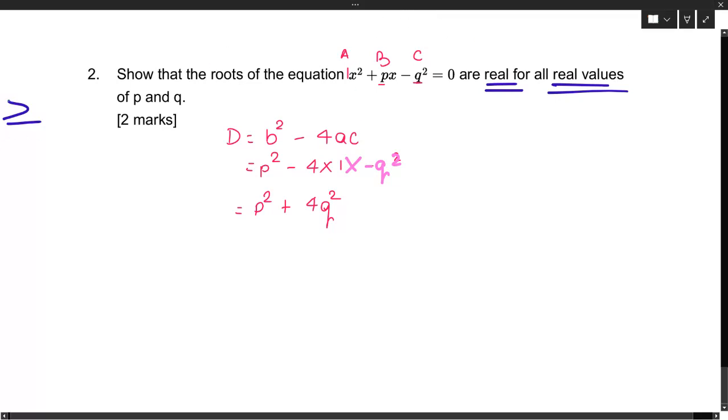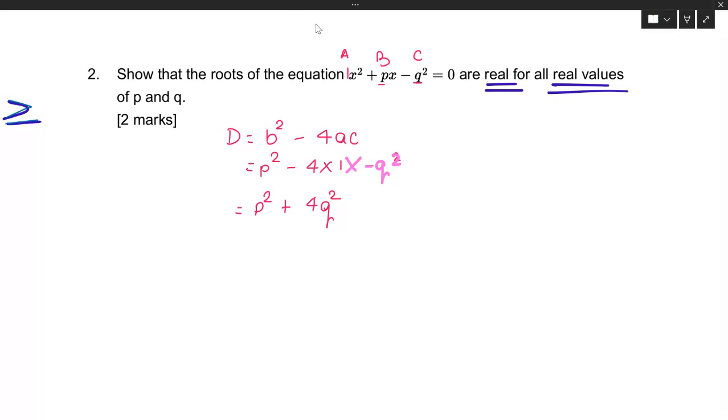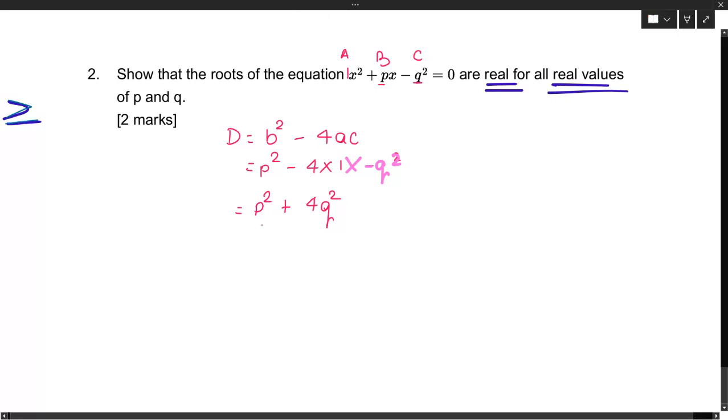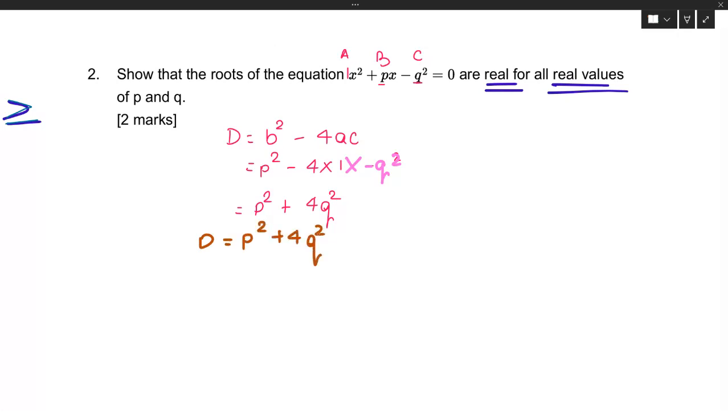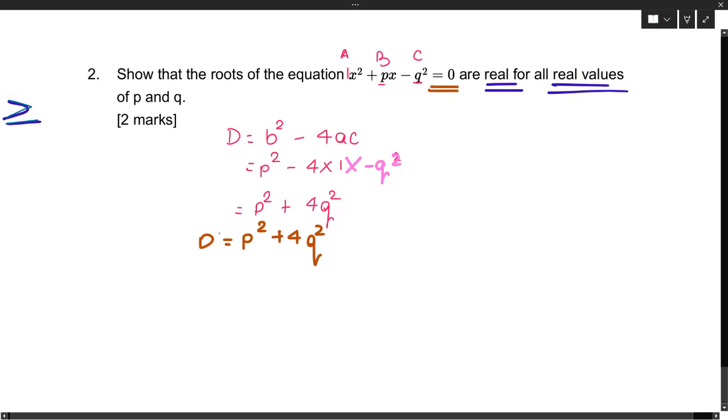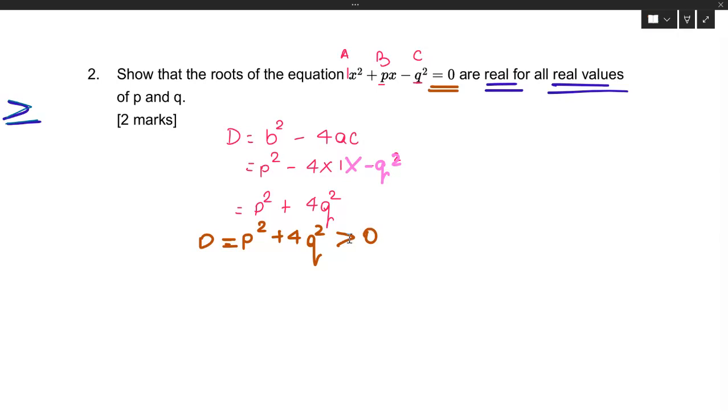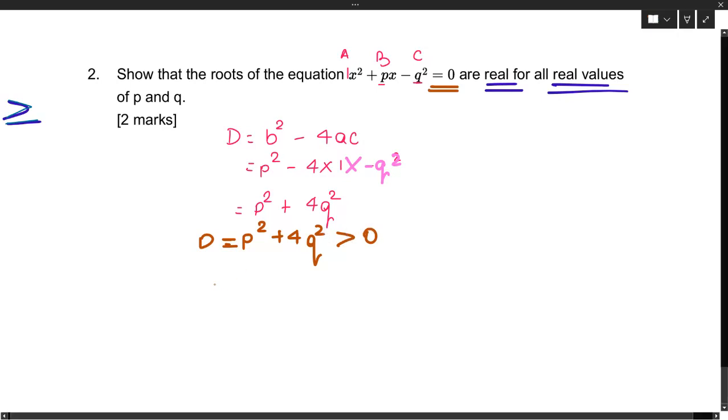So they are asking whether it is greater than or equal to 0 as well. So we can conclude here D, which is equal to p square plus 4q square, is equal to 0 also, and D is also greater than 0. So this is a case of real roots.